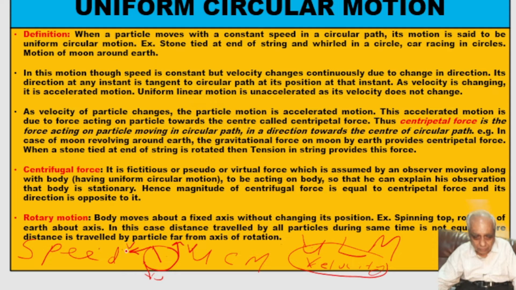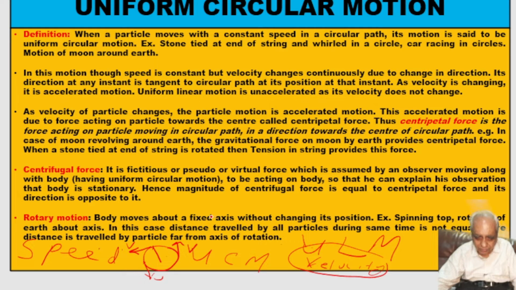So the direction of velocity is changing, which means velocity is changing. If velocity changes, it means the motion is accelerated. So this important difference you should keep in mind: U.C.M. is an accelerated motion, whereas uniform linear motion is non-accelerated motion.